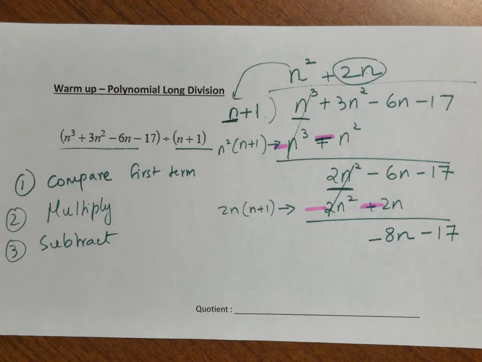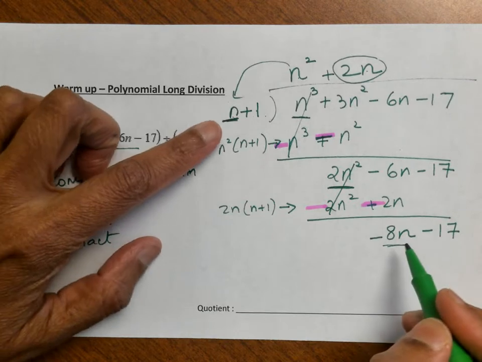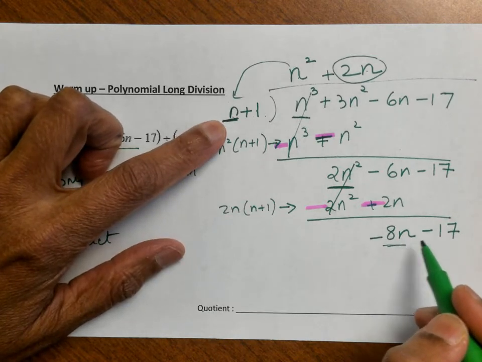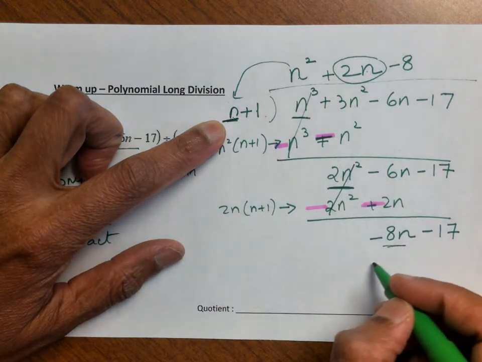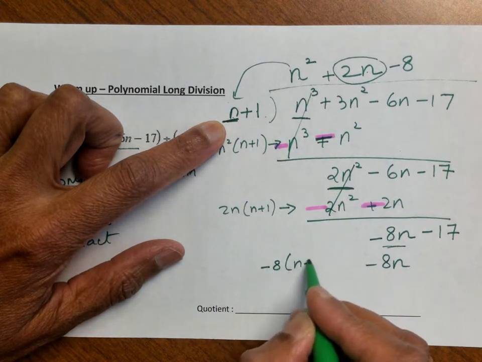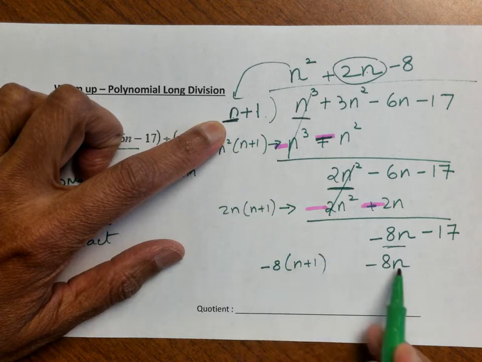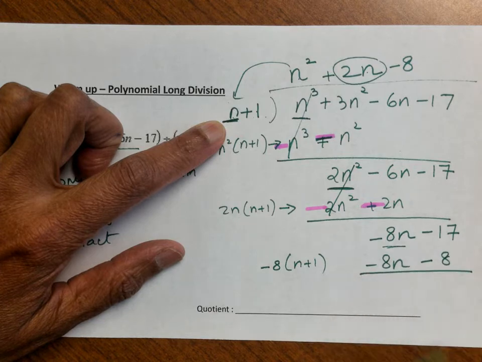And repeat the process again. Again, you're comparing the first term with the first term. What do I multiply by n to get negative 8n? Negative 8. Negative 8 times n is negative 8n. So basically you're multiplying negative 8 with n plus 1. And negative 8n, and negative 8 times 1 is negative 8. Subtract.